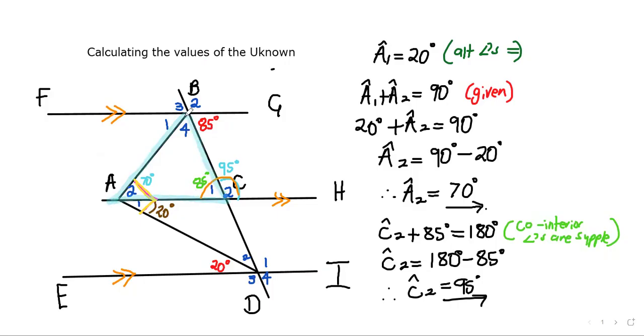You see this entire triangle. So I'm having angle B4, which is the unknown inside the triangle, which is this angle. I'm going to find that using sum of angles in a triangle. So we're going to say B4 plus A2 plus C1 is equals to 180, sum of angles in a triangle.